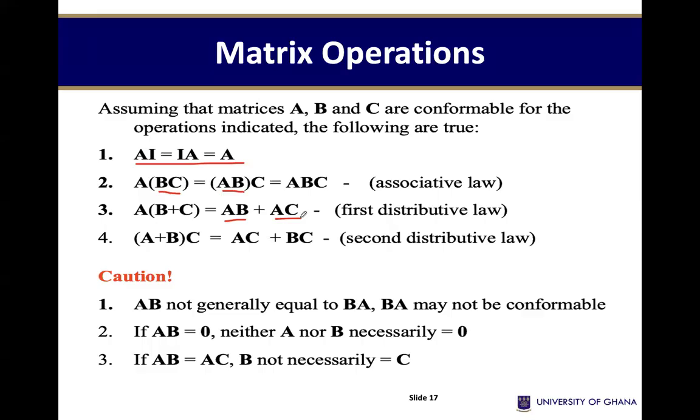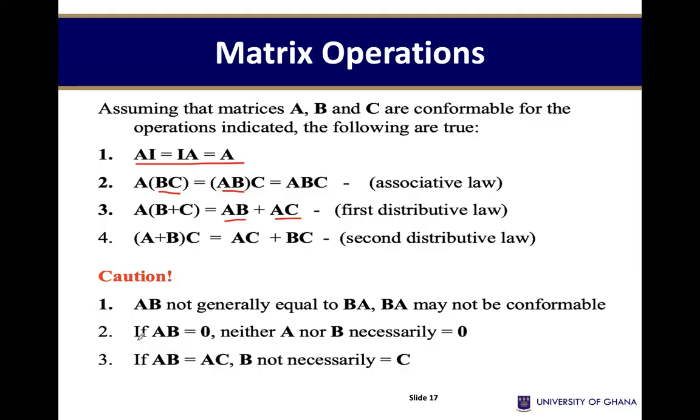Now we can look at the second one, which will deal with the C distributed over the A, and then the same C distributed over the B, and that will give you AC plus BC. Okay. So another thing you have to know is that when you have AB, it is not necessarily the same as BA.